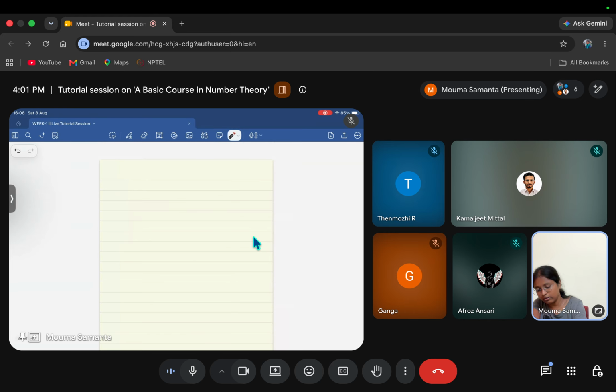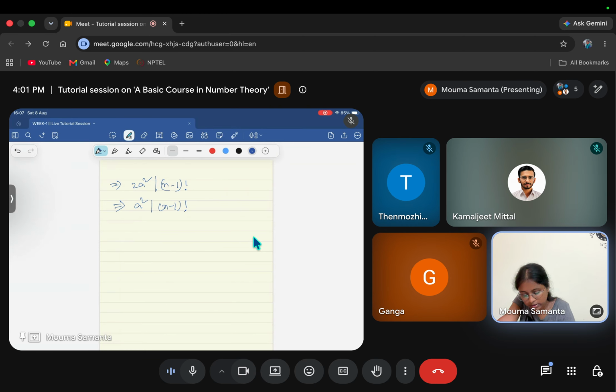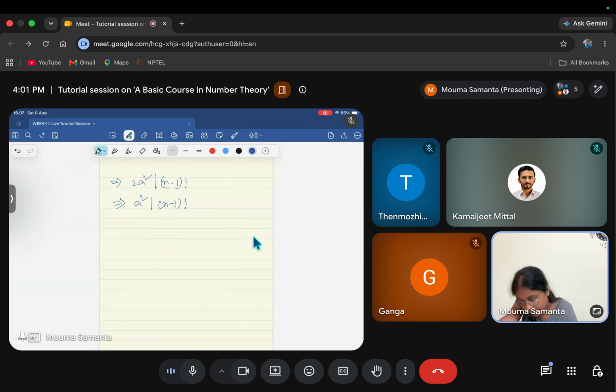This will imply what? This gives that 2 times a square divides n minus 1 factorial, and hence a square divides n minus 1 factorial. So what is the conclusion we are taking? A square divides 2 a square, and 2 a square divides n minus 1 factorial.